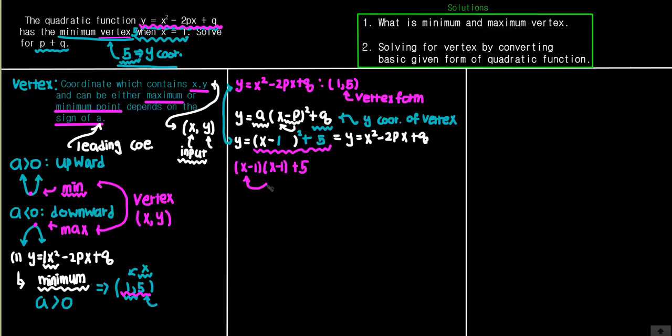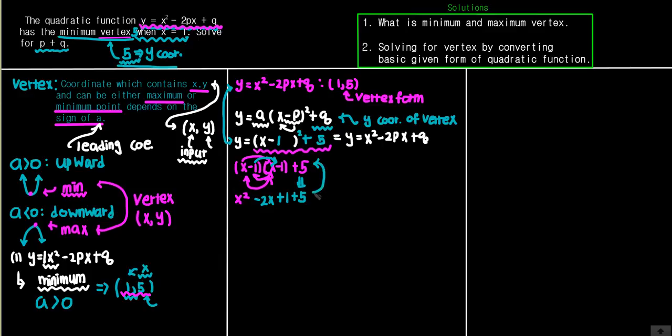x times x gives us x squared. x times -1, and then -1 times x, is negative x plus negative x, which is negative 2x. And then we have -1 times -1, which gives us a positive 1. But we still have our constant, which we write as positive 5.